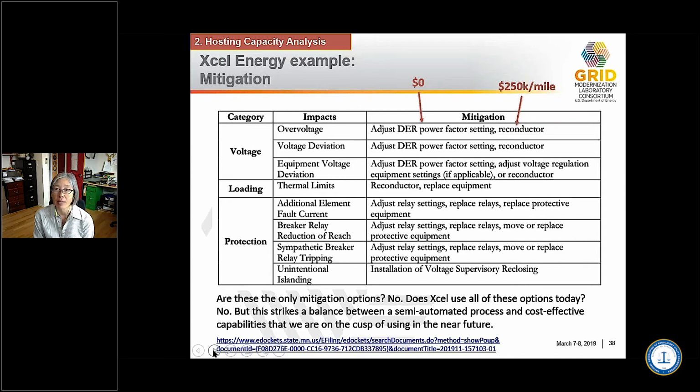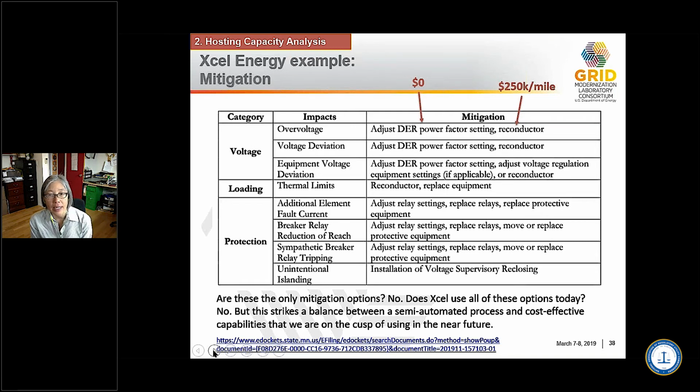So for overvoltage, maybe you adjust the power factor setting on the resource itself or on other resources nearby. You could also reconductor. Now, I note that the costs of these two things are very different, and the costs for the different mitigations are different. What they tried to do was to look at low-cost options that would free up a lot of hosting capacity.